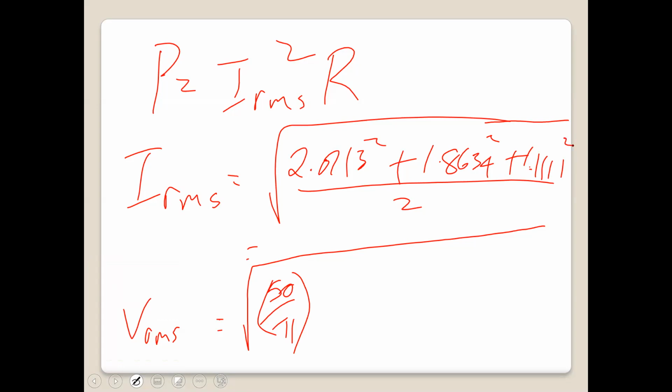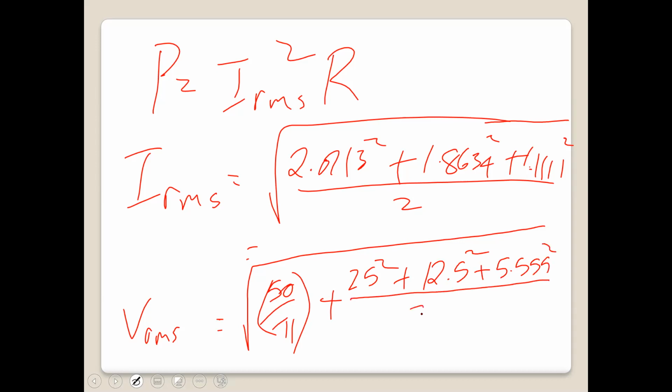For the VRMS, you have 50 squared plus, because remember now, this 50 over pi is the DC. So you have 25 squared, 12.5 squared, and 5.555 squared. You divide these by 2.